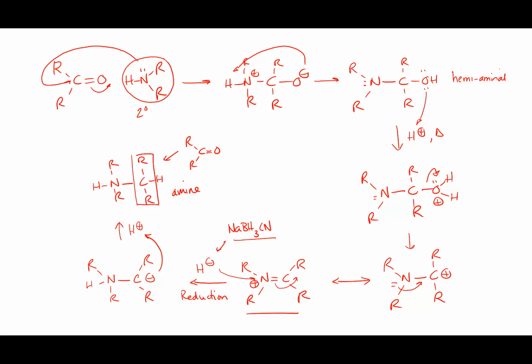And instead of reacting this with heat, you do this at room temperature and then add acid and heat to it. The acid has to come after the reaction has gone forward, because remember, if the acid was present at the beginning, the acid would have reacted with that nitrogen. So we then add acid and heat, and what happens is we protonate the OH, so water leaves.